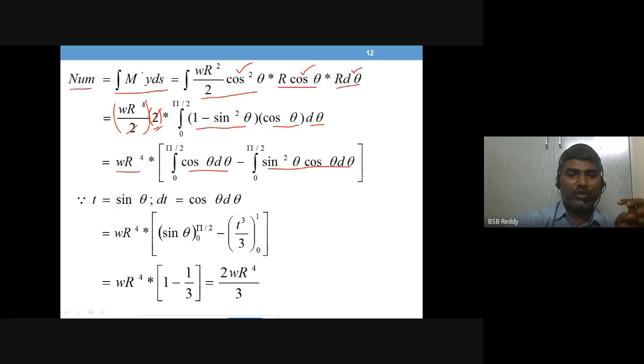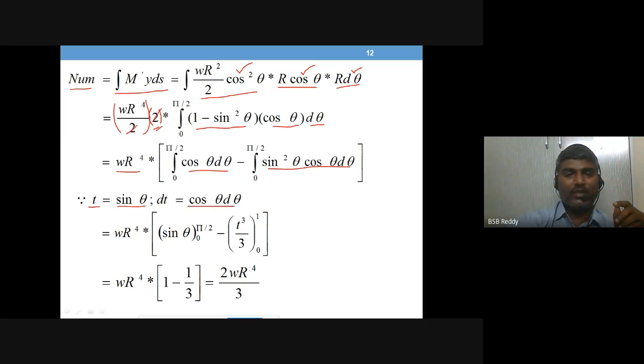So what do you do now? Again by substitution. Now when you substitute sine theta equal to t, then upon differentiation you have dt equal to cos theta d theta.